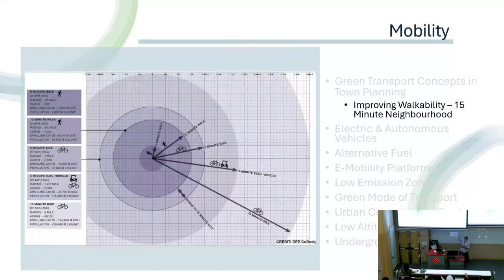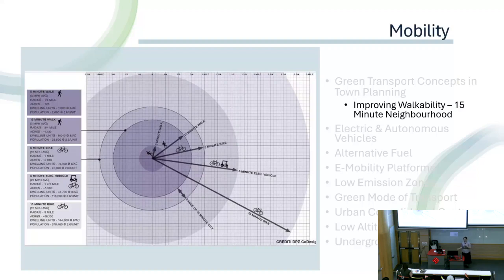So this was what I was talking about just then: what the 15-minute neighborhood is. Within 5 minutes, in theory, you should be able to walk to typically where you need. For example, within 5 minutes you can walk to the station to go somewhere else. In a 15-minute walk, you can get to, for example, the supermarkets.